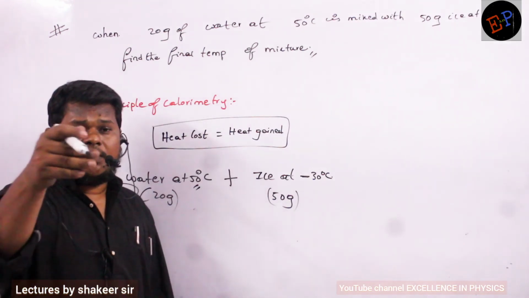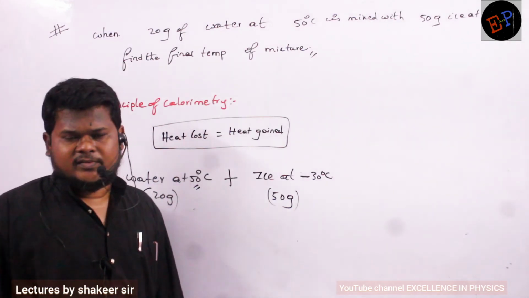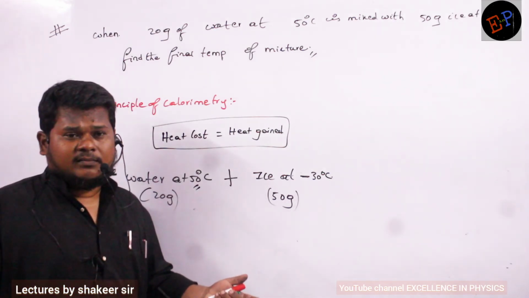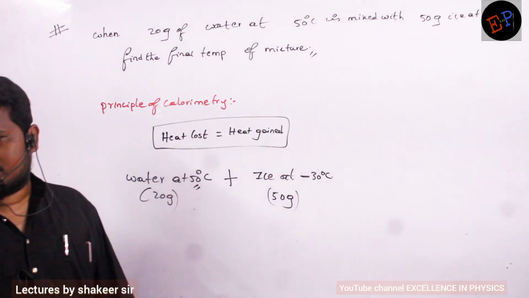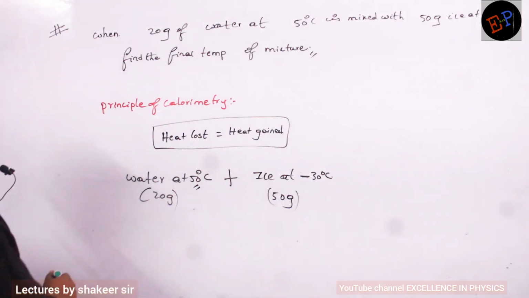If it is able to melt all the ice, then the remaining energy will be used to raise the temperature of that melted water. If the complete ice is not melting, then the temperature doesn't change. So first of all, that information we have to see.